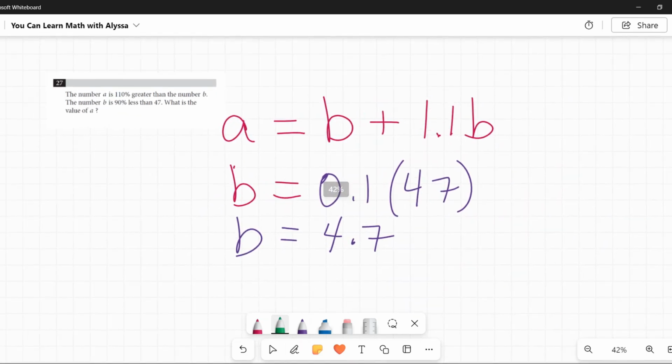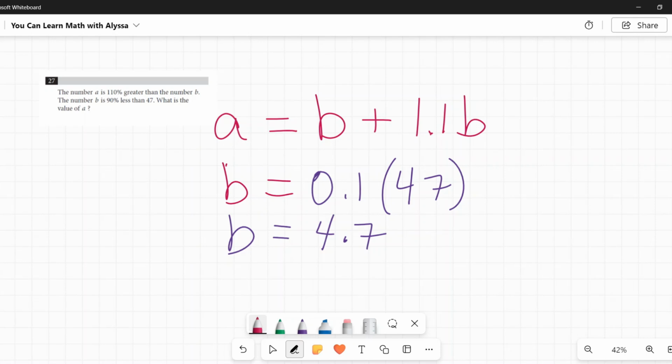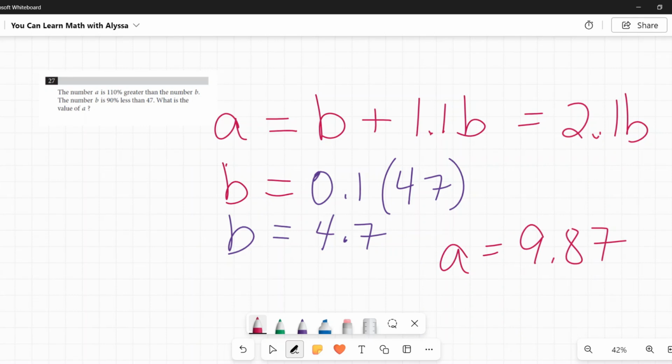You can. I actually did when I was, I always take the test first myself as a practice, before I explain it to everyone. And when I was doing it, I actually combined that and said, oh, that's 2.1B. And then I plugged 4.7 in there. It works either way. You get the same answer. Doesn't matter. A is equal to 9.87, and that is your answer.